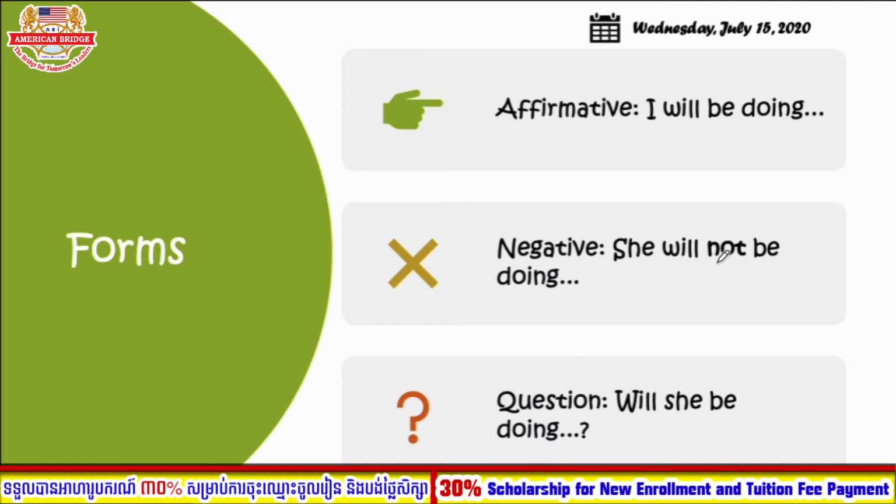So we just put the word not in the middle of will and be. So it becomes will not be doing. And again, because will is a modal verb, when we use it with third person singular, for example he, she, or it, we don't need to add s or es to the main verb at all. In terms of questions, we just invert will and the subject, so it becomes the question form.